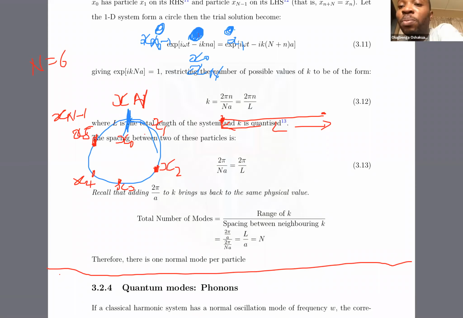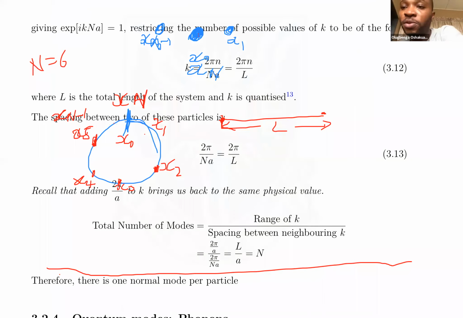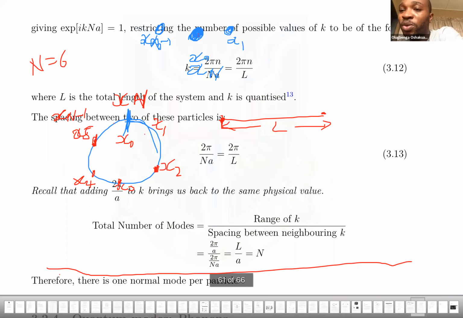So the total number of modes is equal to the range of K divided by the spacing between neighboring K. So what is the range of K?